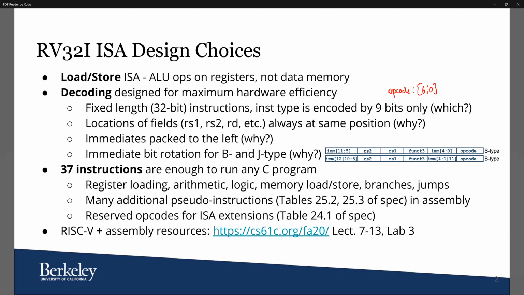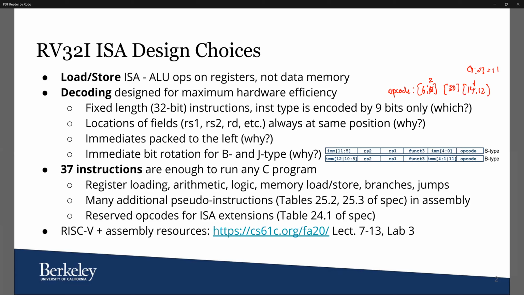Oh, wait a second. Okay. All right. So it's actually not even 6 to 0. It's actually 6 to 2, because in RV32I, bits 1 to 0 always equal 1, 1. And the other bits are actually bit 30 and bits 14 to 12.